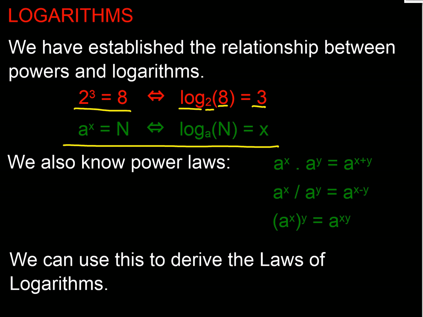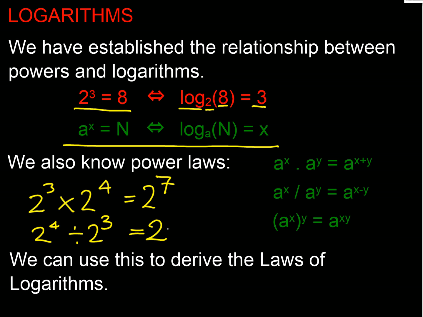But we also know about power laws from our other work. So if we had 2 to the 3 times 2 to the 4, we know that would be 2 to the 7, because we can add the 3 and the 4. And if we had 2 to the 4 divided by 2 to the 3, we would end up with 2 to the 1.